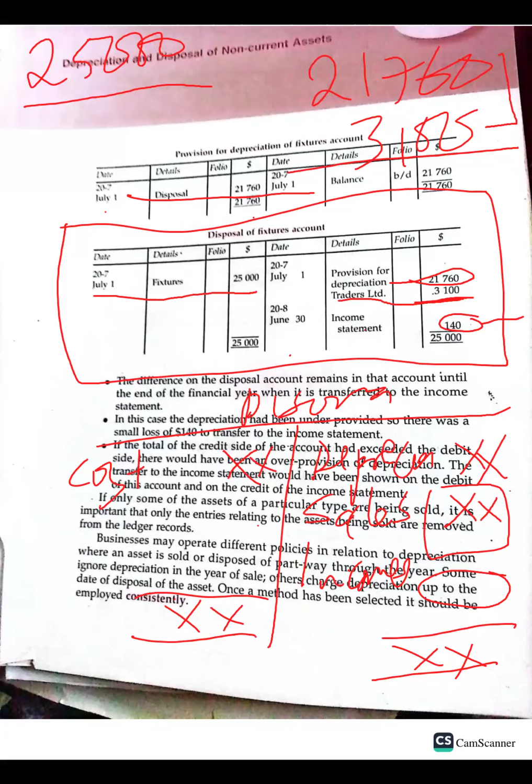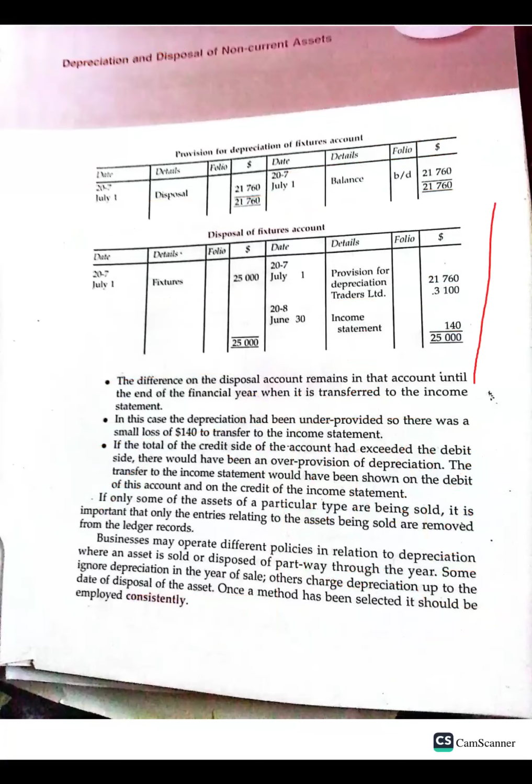But sometimes when you do your additions, you find that this side is bigger. When you're doing your balancing, you find that the credit side is bigger, which means the balance brought down will come this side.